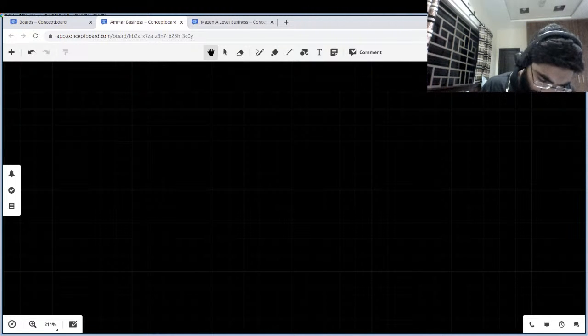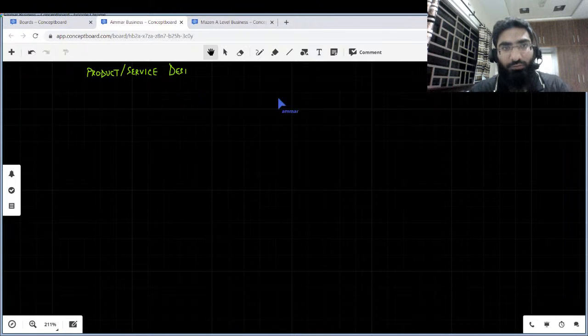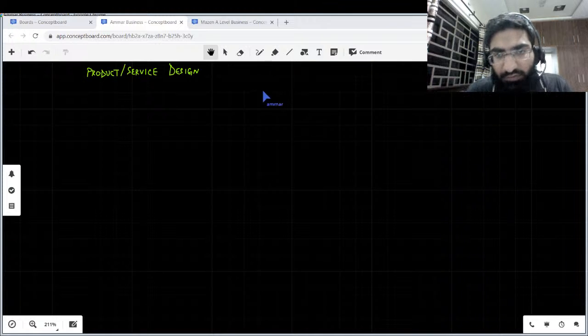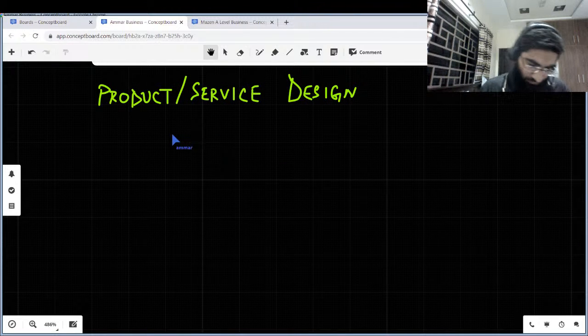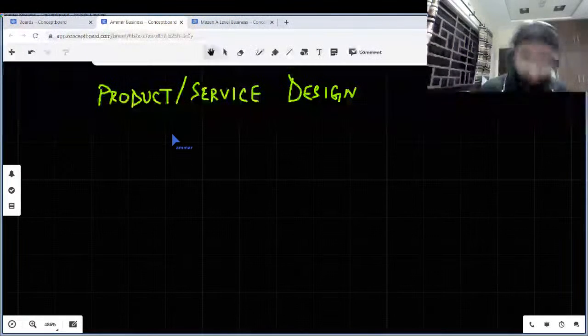Okay, so product, service, design, and we are thinking about what considerations we must have in mind while designing the product. Can you move this a little below and more rightwards so that it doesn't look like it's the same box?